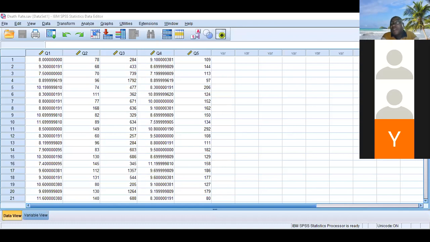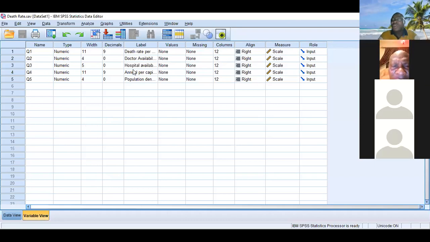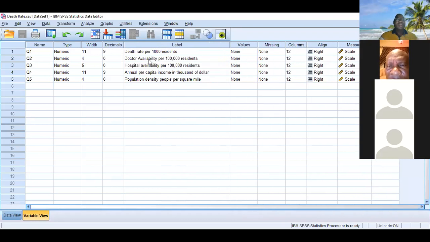We have 5 variables there. If you go to the data editor window, I want to look at the labeling of those variables so that you understand. The first one is death rate per 1,000 residents. The second is doctors availability per 100,000 residents.